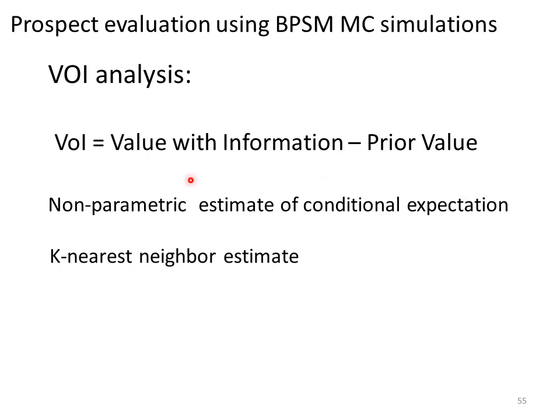So as usual, in VOI analysis, we have prior value, and then we have value with information. So in this case, to compute value with information, using those Monte Carlo simulations, we did a non-parametric estimate of that conditional expectation using k nearest neighbor estimate. And let's see what we get as a result.